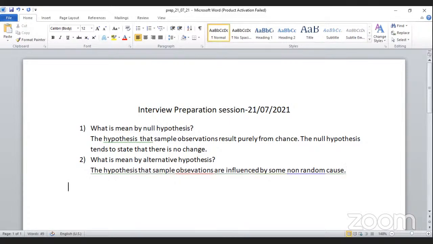The next questions are very basic questions related to hypothesis testing. What is meant by p-value?